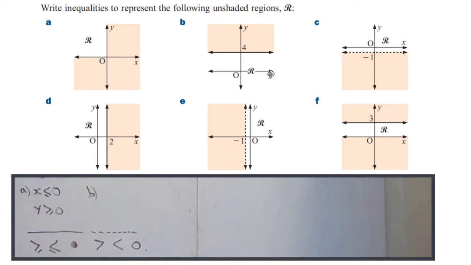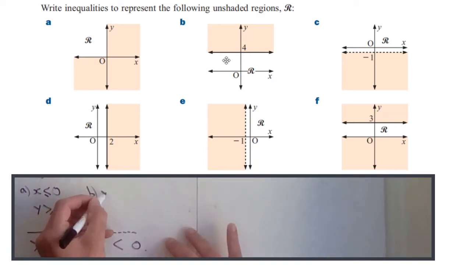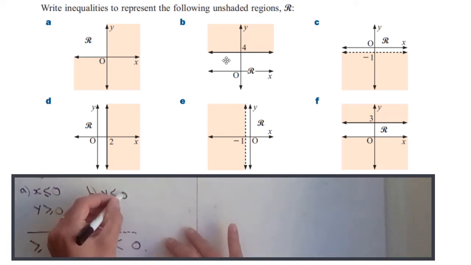Don't worry about the x-axis, that doesn't change anything. It's this line y equals 4 that seems to be the boundary line. It's a solid line, so the line is part of the region. So basically, whenever the y value is 4 or less than 4, you're in the region. So that means y needs to be less than or equal to 4.